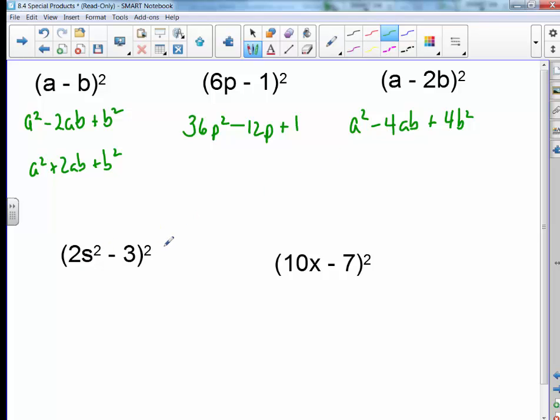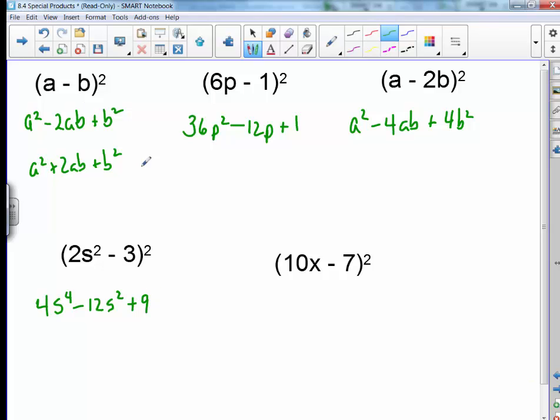You do these two, so pause the video, do these two, and come back to me, okay? All right, so we square the first term, 4s to the fourth, and then we go 2 times 3 is 6, times 2 is 12, s squared, and square the last term, and we get 9.